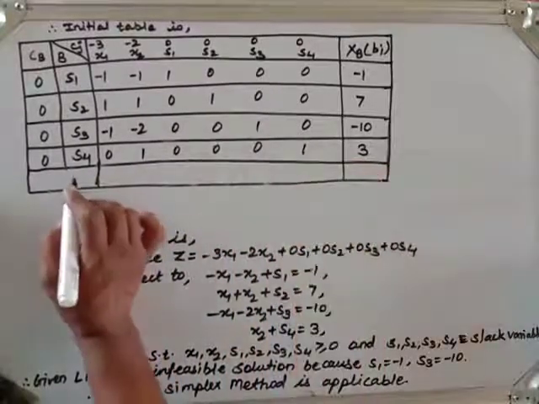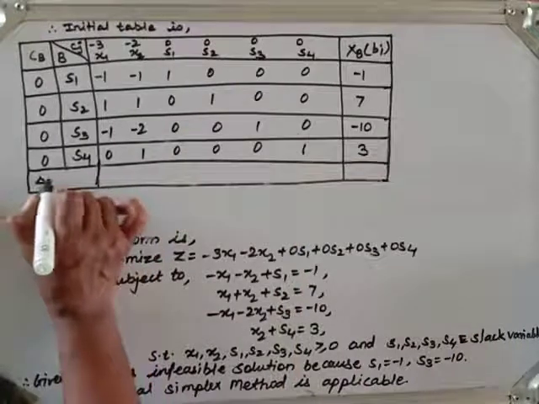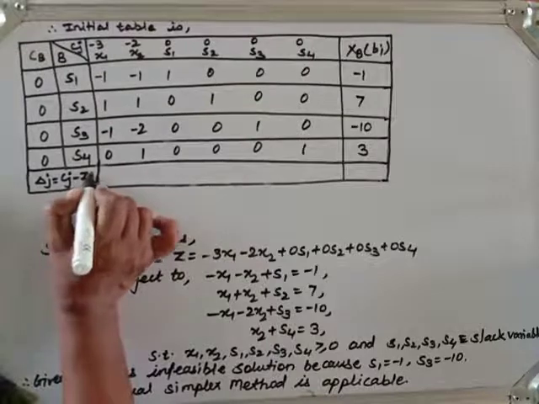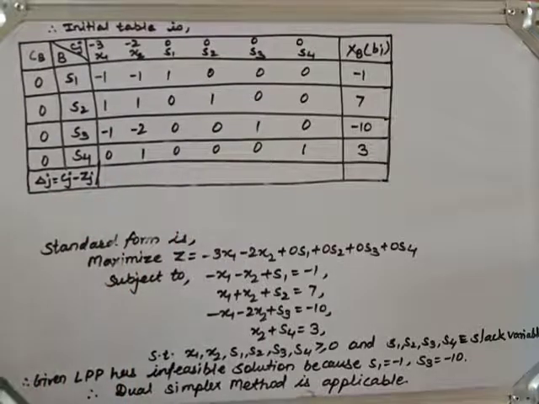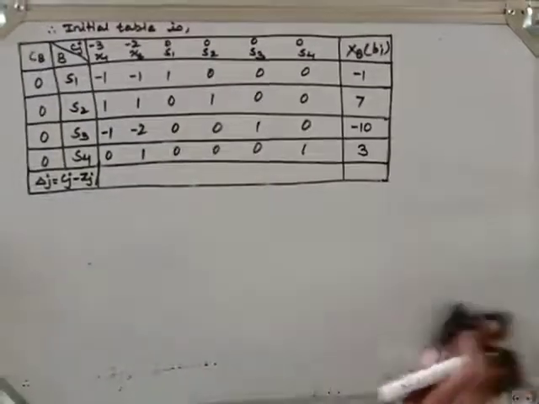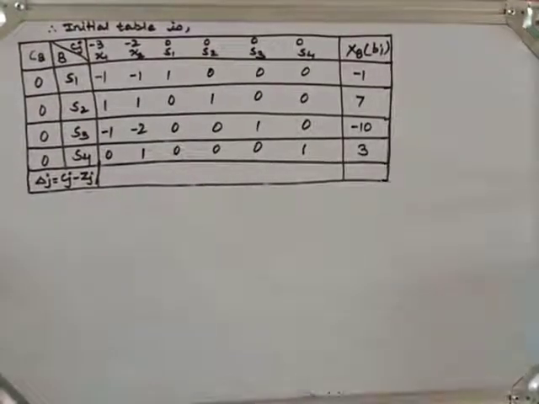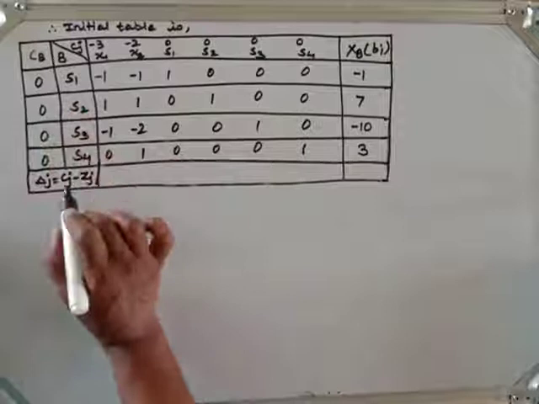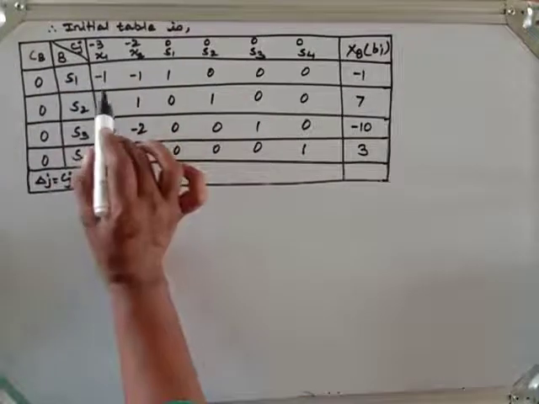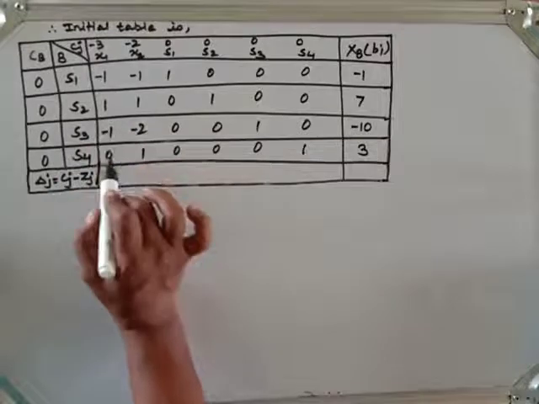Okay. Now here we need del j. We have to find del j, that is Cj minus Zj. That is our second step. Now this one we will calculate here using our entries. Cj minus Zj. So this is Cj. Now look here, Zj is what? 0.